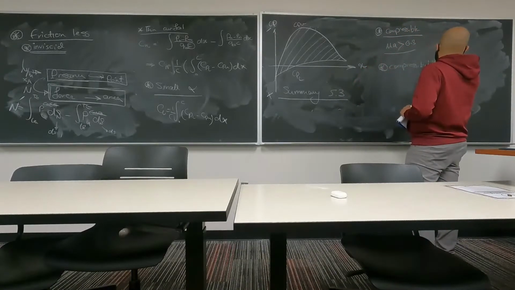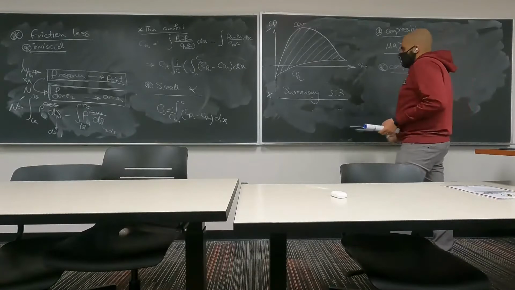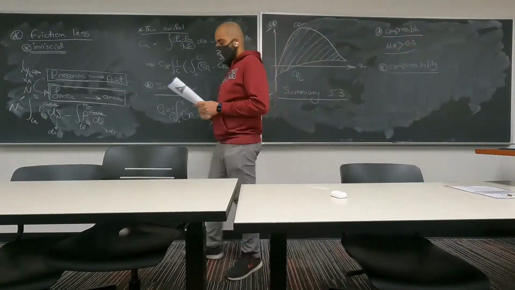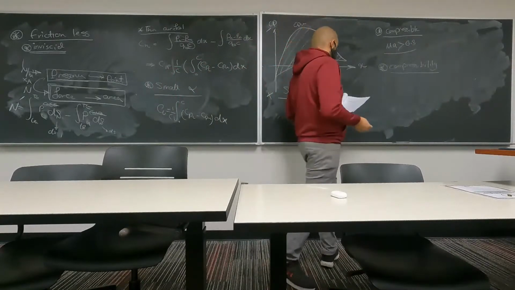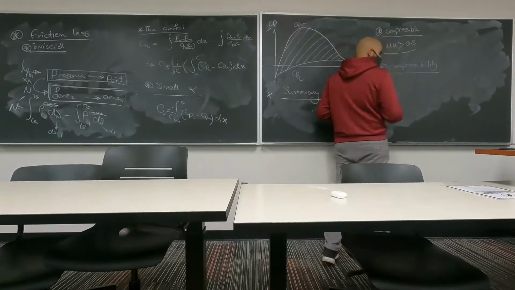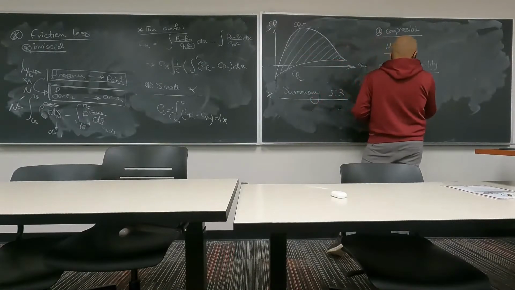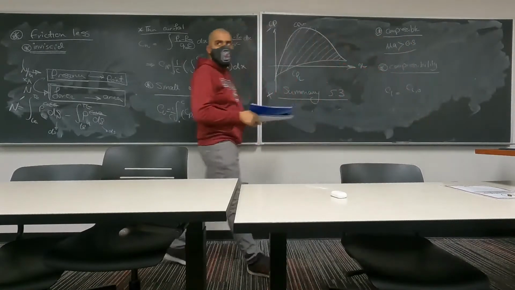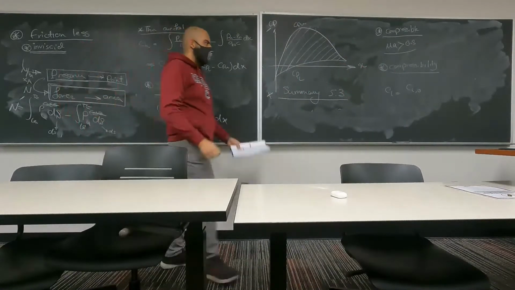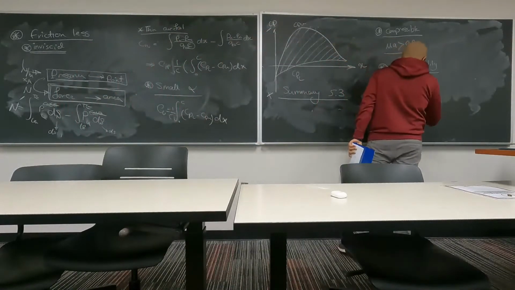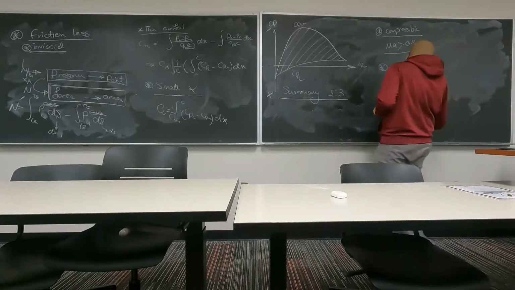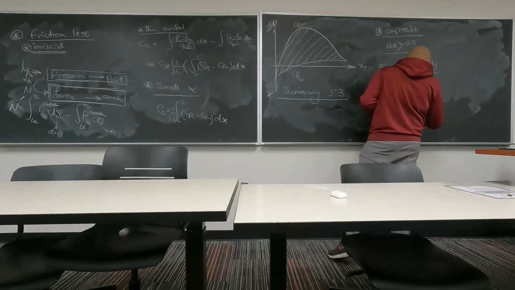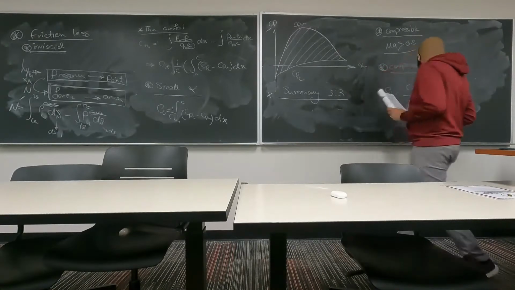A compressibility correction factor, which is essentially going to be: the new C_L is going to be C_L,0, which is your low speed lift coefficient, divided by the square root of 1 minus M infinity squared. That was my mistake, 1 minus M infinity squared.